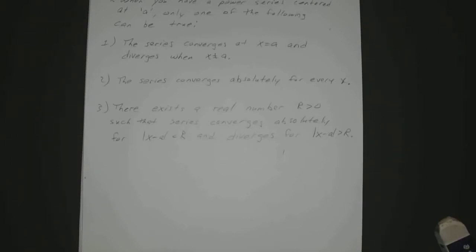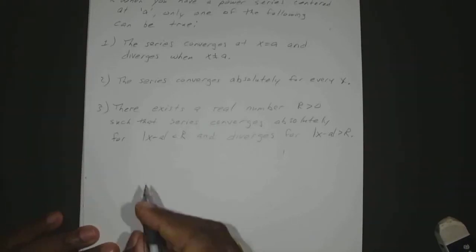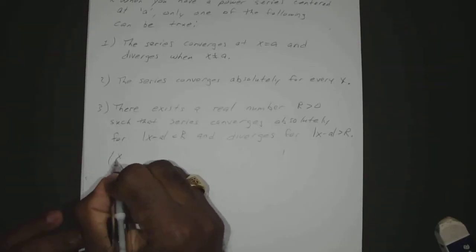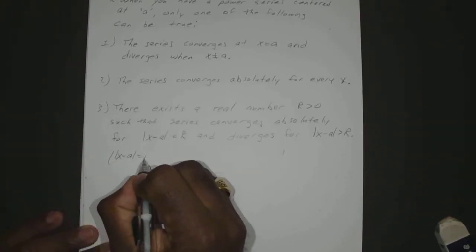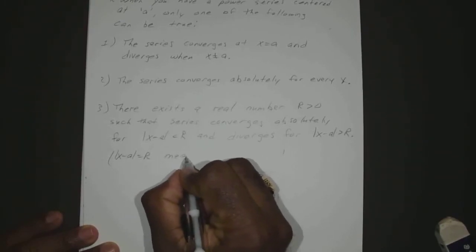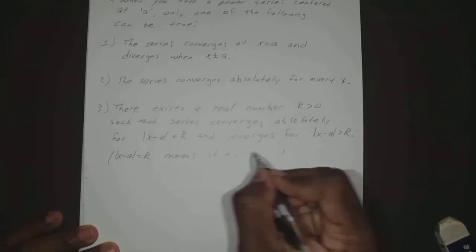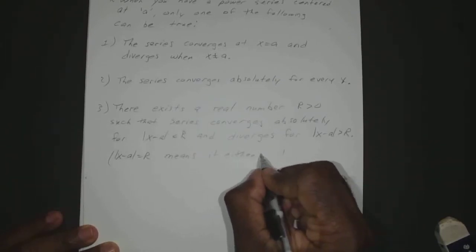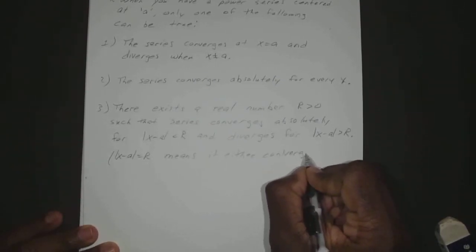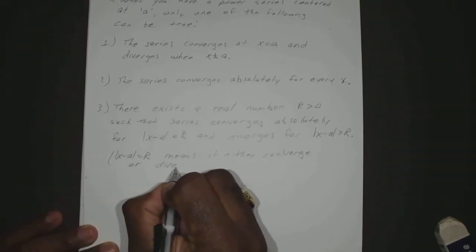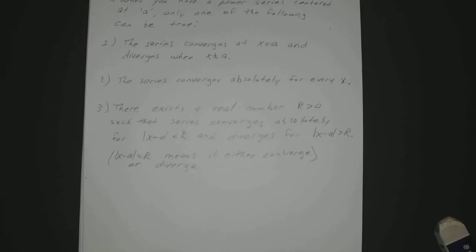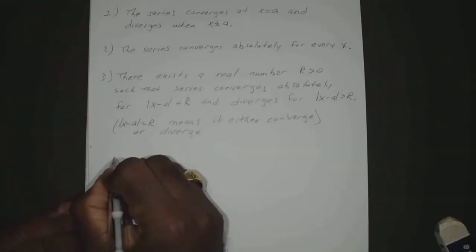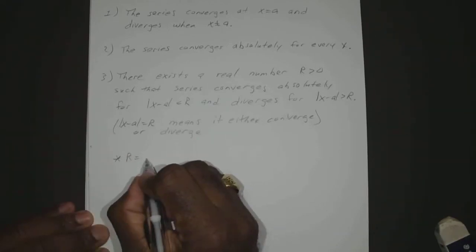Okay. Now, if the absolute value of x minus a equals r, that's when you have to use a different test because you can't really tell anything there. It could either converge or diverge. Okay. Now in this case, your r is going to equal your radius of convergence.